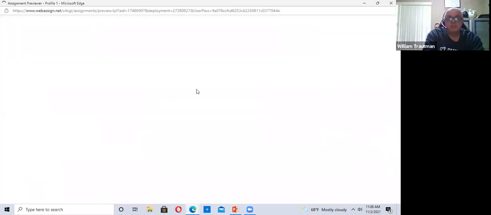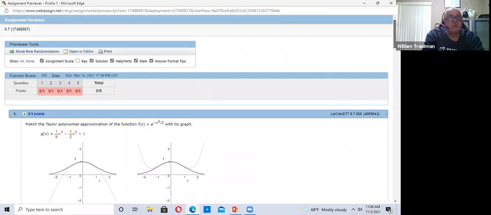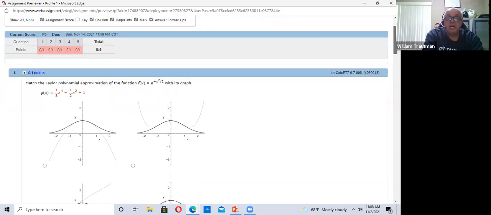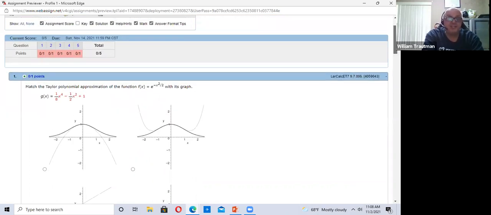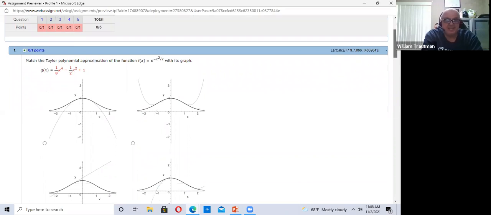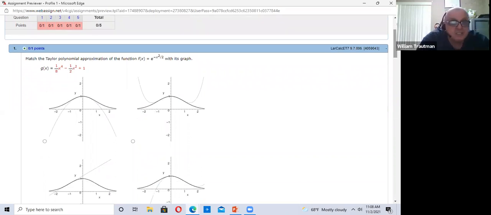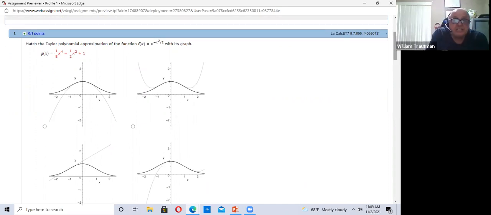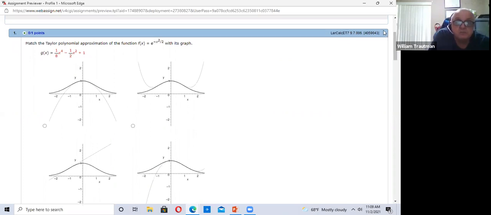All right, here's 9.7. The first 2 questions look hard, but it's a lot easier than you'd think. It says, match the Taylor polynomial approximation to its function. So this is the function right here, and this is the Taylor polynomial.